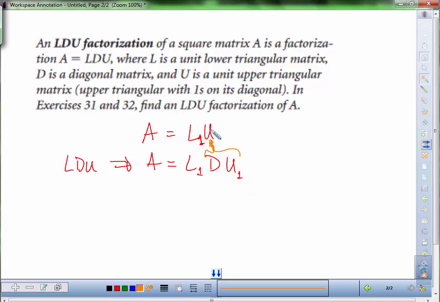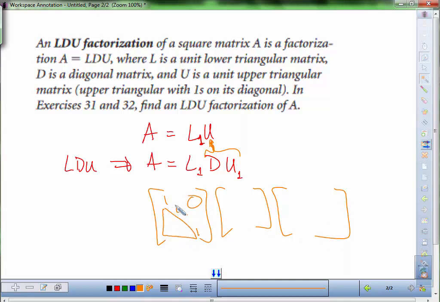D is going to look like a diagonal matrix, just a diagonal and zeros everywhere else. And then the unit upper triangular would have 1s in the diagonal and something up here and zeros in the lower part.